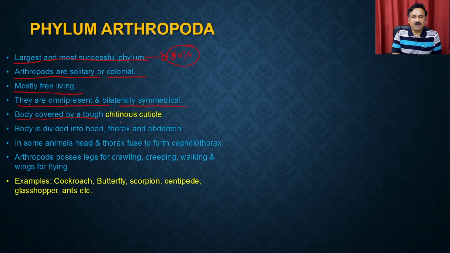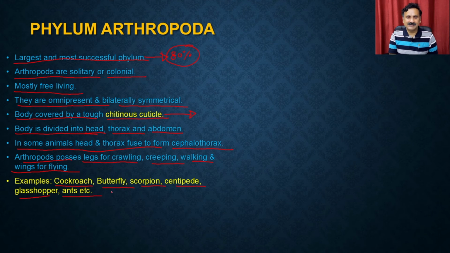The body is covered by a tough chitinous cuticle, so they actually have protection. The body is divided into three parts: the head, thorax and abdomen. In some animals, the head and thorax are fused to form the cephalothorax. Arthropods possess legs for crawling, creeping and walking, and wings for flying. Examples are cockroach, butterfly, scorpion, centipede, grasshopper and ants.